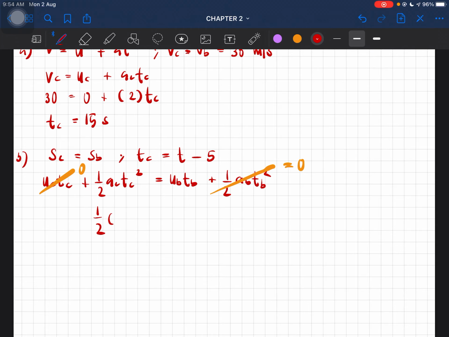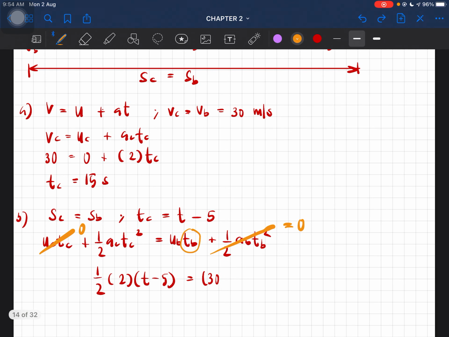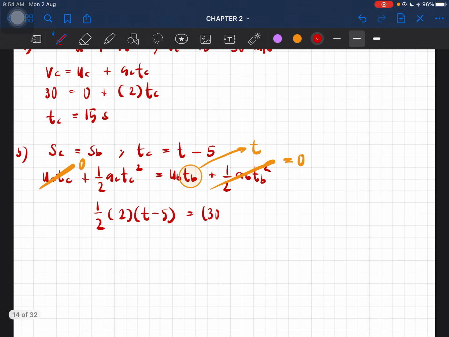So we have half a, t is t minus 5, u for the bus is 30, time of the bus, t_b here, we equate it with t. Okay, so we have 30t, rearrange and calculate, and you'll then get the time for the bus and car to be at the same level is 39.4 seconds.